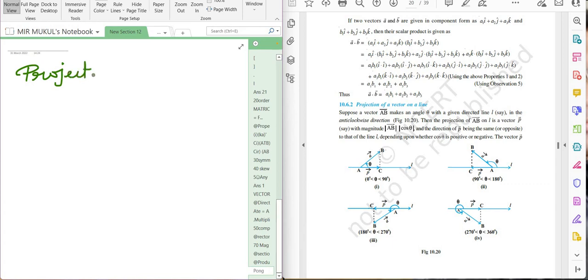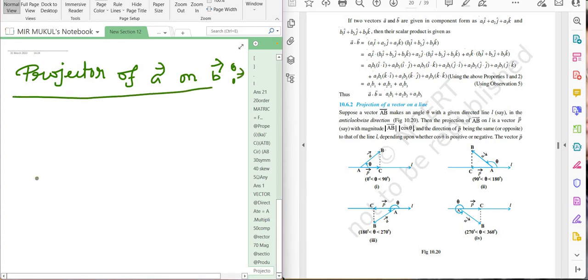Projection of vector A on vector B. How can we find this projection?